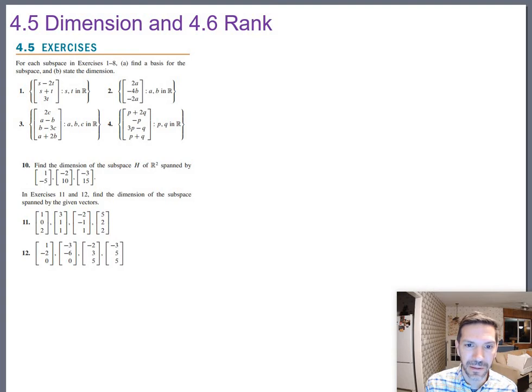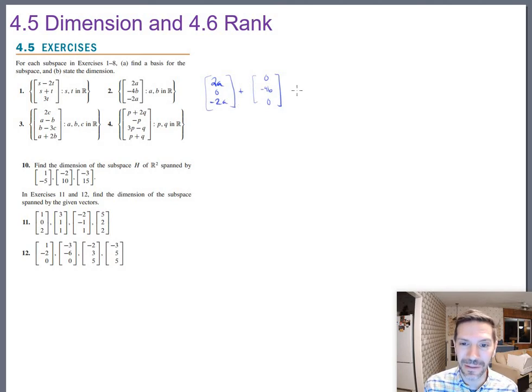So I'm going to rewrite this as 2a, 0, negative 2a, plus 0, negative 4b, 0. I was just breaking it up into the a's and the b's because those are my free variables here.